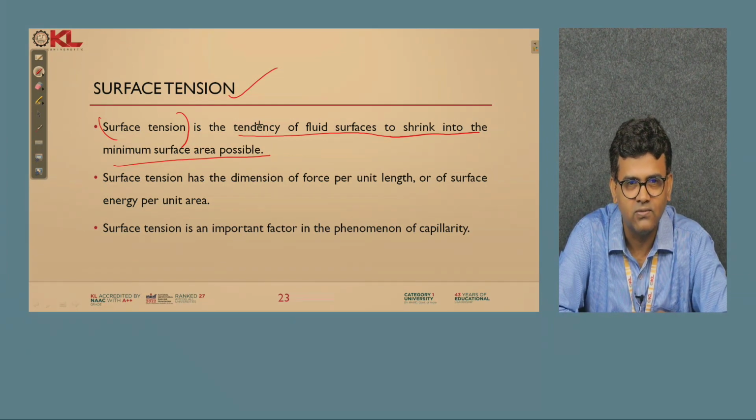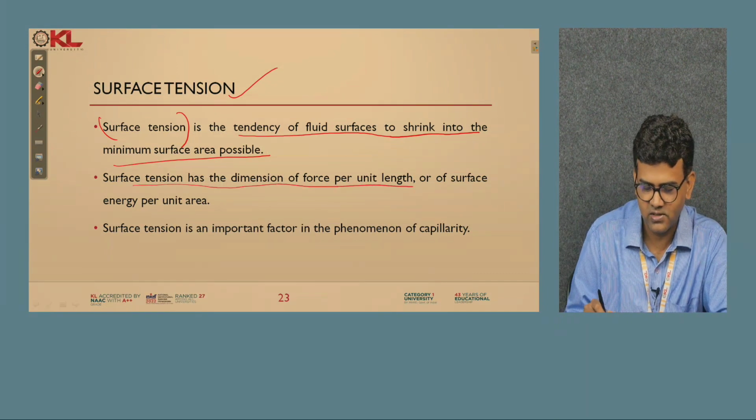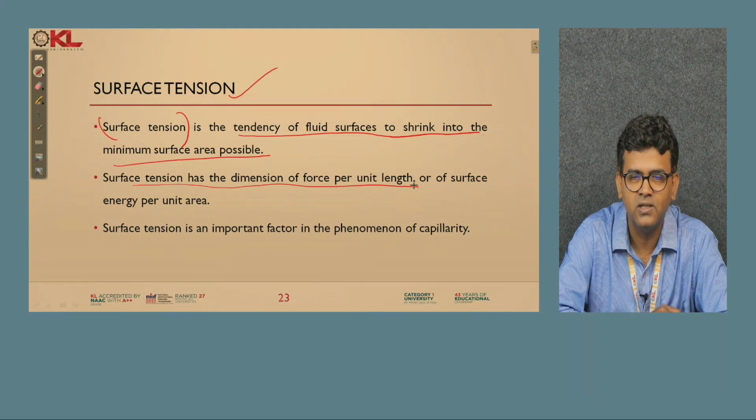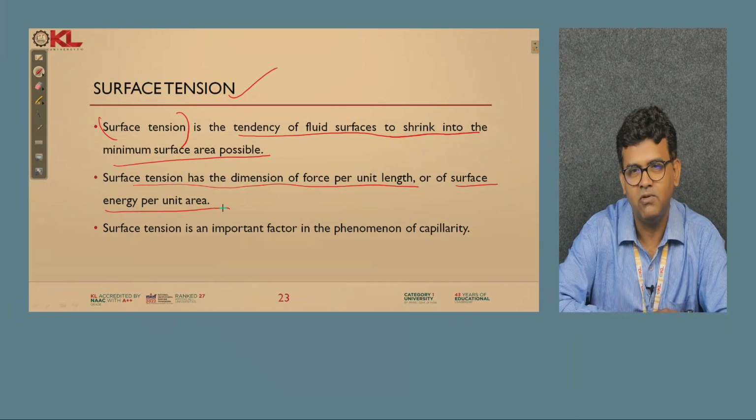Let's see first what is the dimension of the surface tension. Surface tension has the dimension of force per unit length, that is, how much force is there on a unit length, or surface energy per unit area.